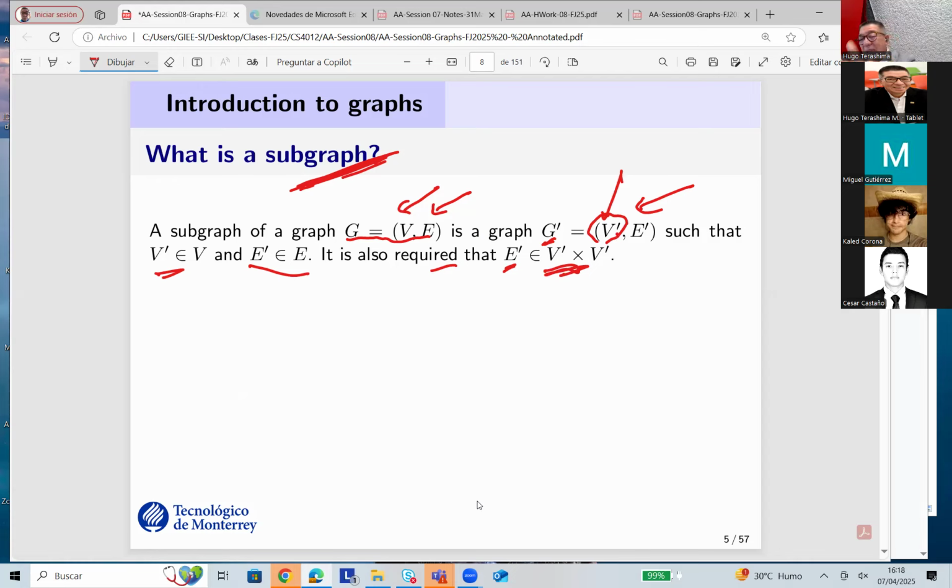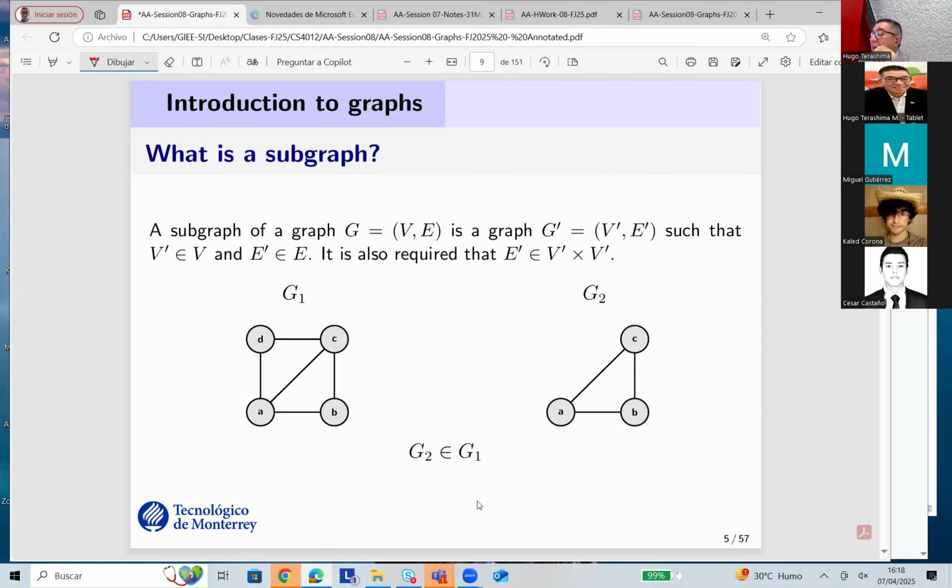It's just a segment of the graph, in which you take some nodes from the original graph, and then you have connections between that set of vertices V prime, right? For example, if I have G1, this is the original graph, and this is G2, which is a subgraph.